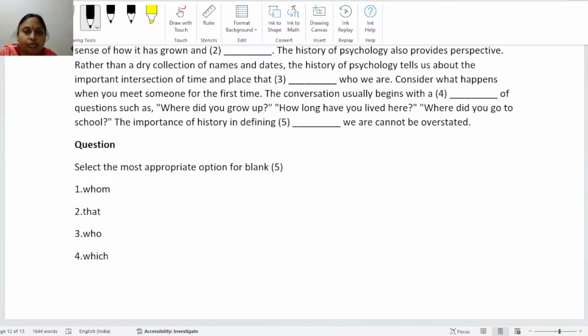Who will come. Here, defining who we are. So that's why defining who we are can't be overstated.